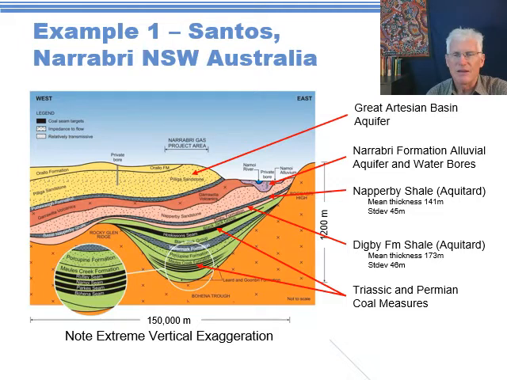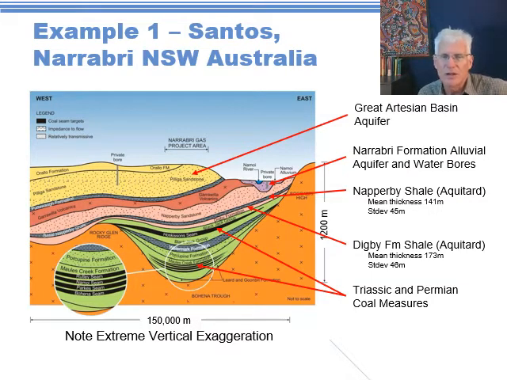There are then the coal measures that are proposed for exploitation of gas. They are fairly deep and much older, as old as Triassic, and they lie beneath an aquitard, two of them actually.